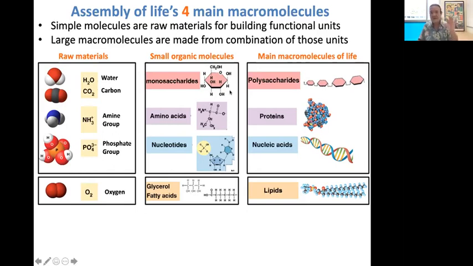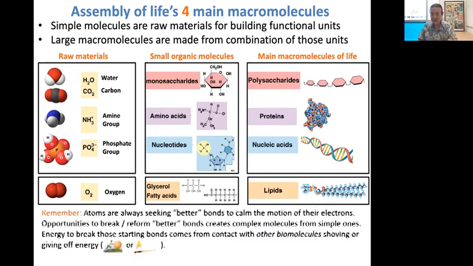These small organic molecule building blocks in the middle can then be assembled into the large macromolecules. So monosaccharides can be made into polysaccharides, amino acids into proteins, nucleotides into nucleic acids, and glycerols and fatty acids can be assembled into long chains that we call lipids.